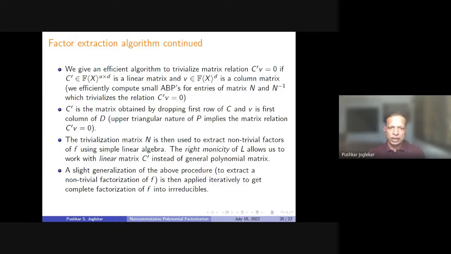Then using the trivialization matrix N, we can extract out non-trivial factors of f using simple linear algebra. The right monicity of L allows us to work with linear matrices C prime instead of general polynomial matrices. And with a slight generalization of this procedure, if applied iteratively, we get the entire factorization of f into irreducibles.